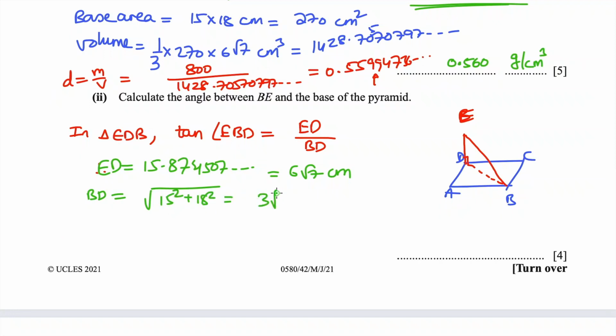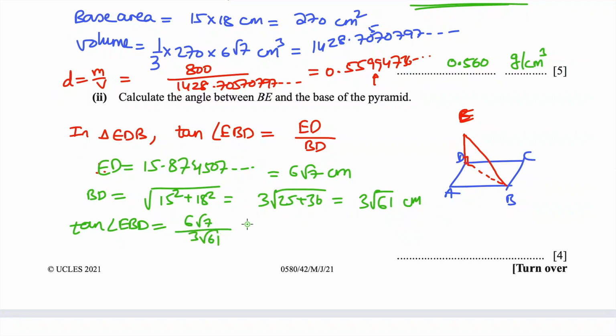So if I take 3 common out, it will be 25 plus 36, which is 3 root 61 in centimeter. And so tan angle EBD will be equal to ED, which is 6 root 7 divided by 3 root 61.